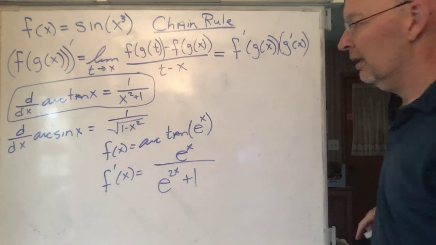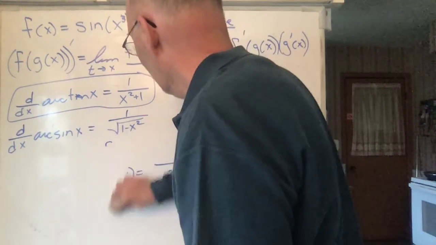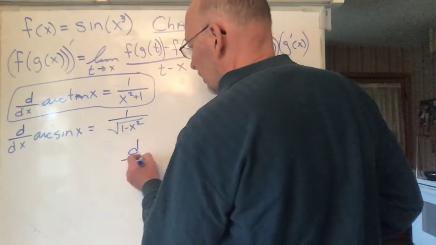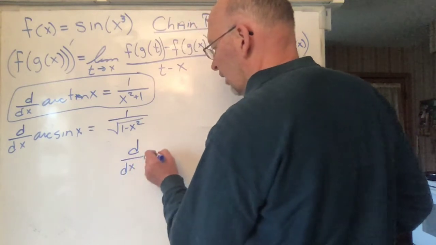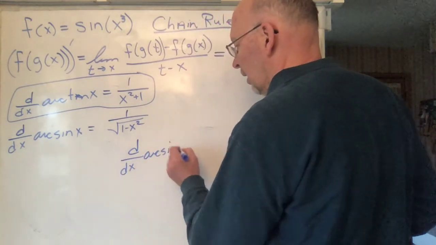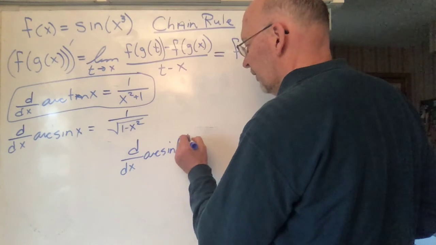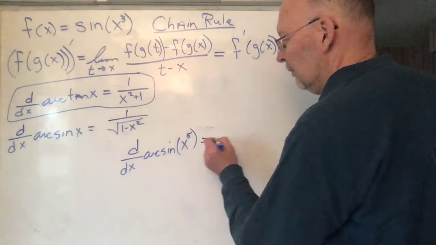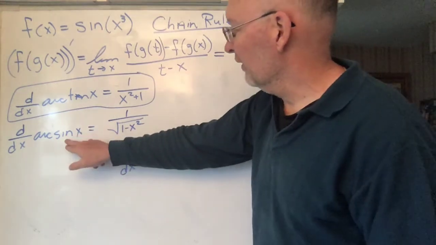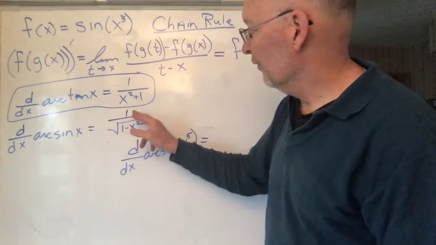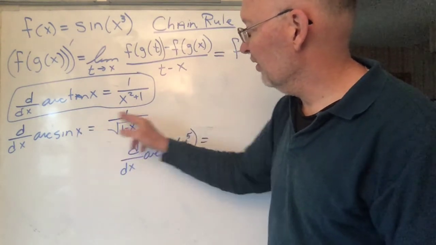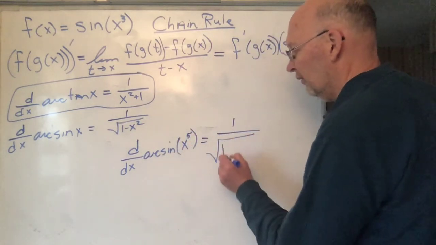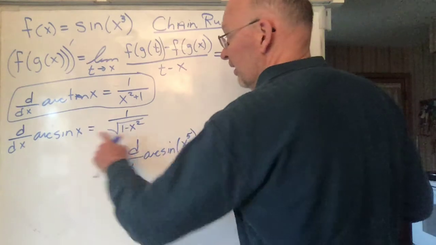Okay? Let's try one more, just for practice. Suppose you want the derivative of the arcsine of x to the fifth. Okay, what would that be? Well, the derivative of the arcsine of anything, you go 1 over the square root of 1 minus whatever this thing is, squared.